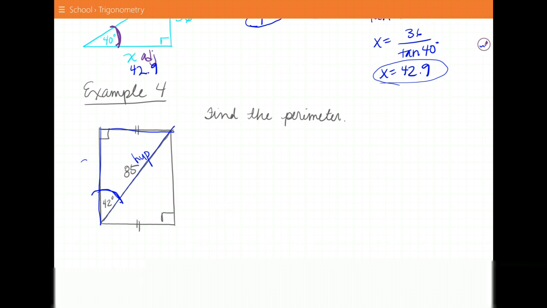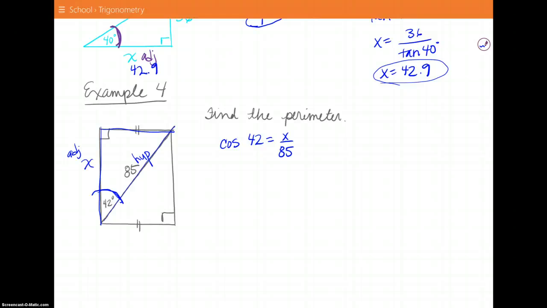And I need to find this side. So let's see, the x touches it. So I'm going to do cosine, because I'm thinking about SOHCAHTOA. I have adjacent and hypotenuse. Cosine of 42 is x over 85. And solving that's going to tell me this side.